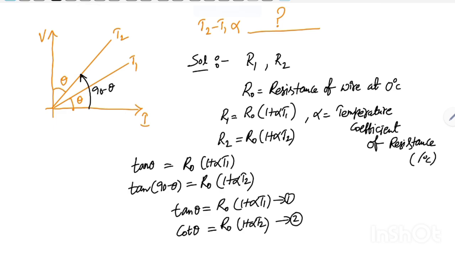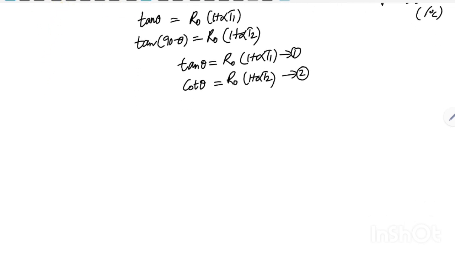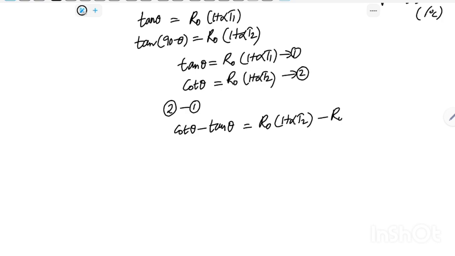Now, what we need to find actually is, T2 minus T1 is proportional to which parameter? Okay, let me find that. So in order to do that, first we need to subtract the first equation from the second equation. Therefore, you will get cot theta minus tan theta is equal to R naught into 1 plus alpha T2 minus R naught into 1 plus alpha T1.